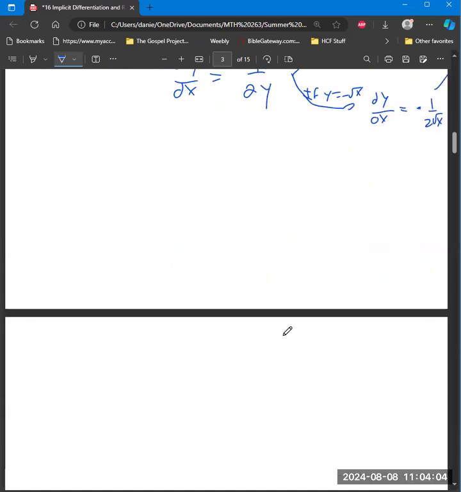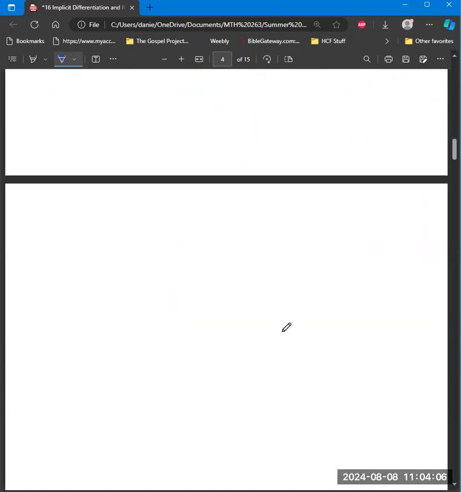All right, so just as a little bit of an aside here, I mentioned this: when I take the derivative with respect to x of y squared, we're treating this like we're differentiating with respect to y first and using that power rule.